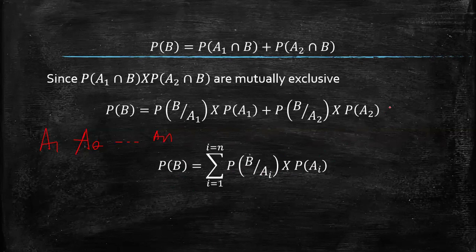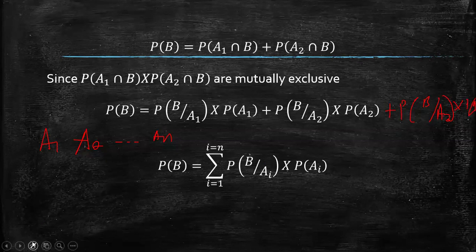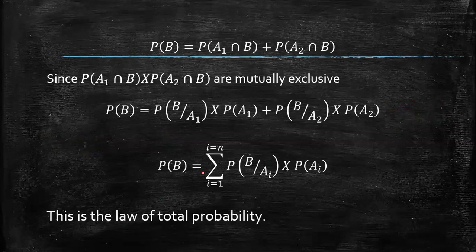If we had another event here, maybe 3 events, we would add probability of B given A3 multiplied by probability of A3, but we do not have it, so we can just ignore. So that is a simple summary of Bayes' theorem. We can now look at some examples. This is the law of total probability, which also acts as Bayes' theorem.